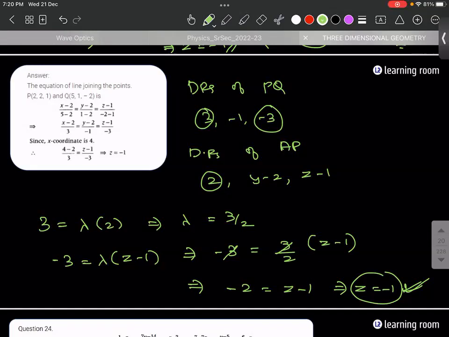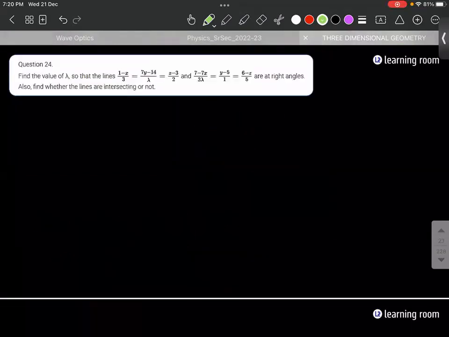Shall I proceed now? Yes, sir. So if two lines are making an angle theta between them, then what is the value of cos theta?